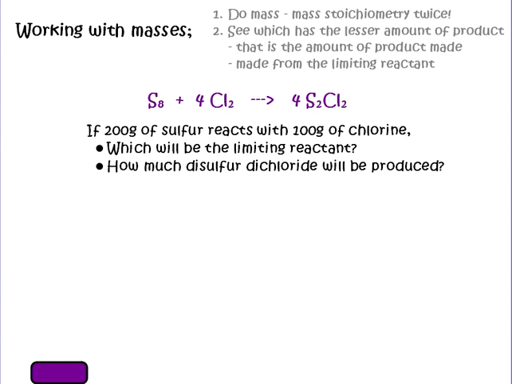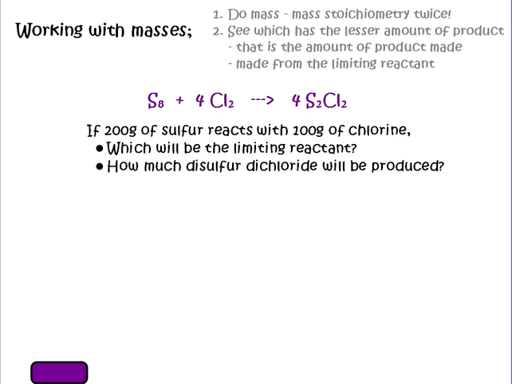Okay, so let's try to do a problem that is a true stoichiometry problem that you might find in a textbook, or that a chemist might have to do if he were working with something like this. Okay? So here I have some sulfur reacting with some chlorine, and it's going to make this sulfur dichloride compound.